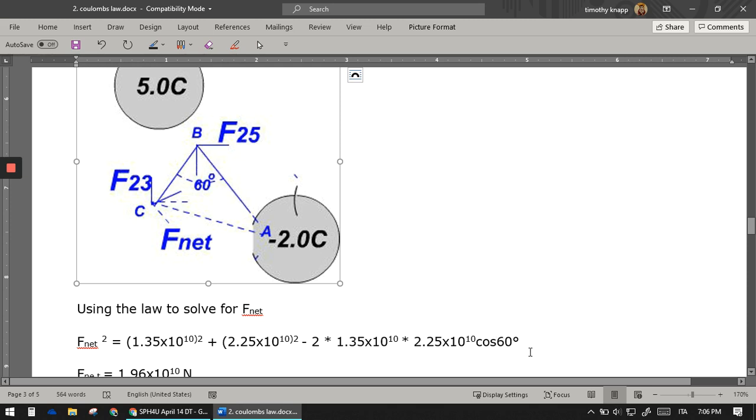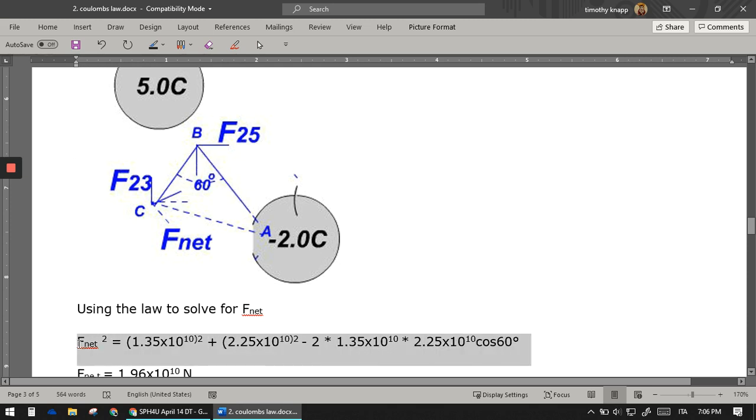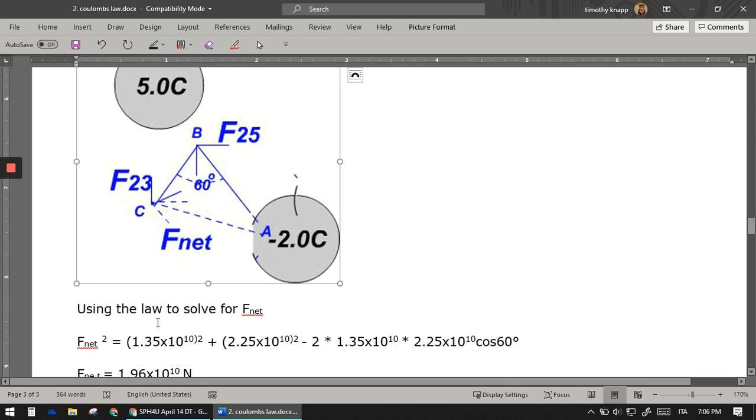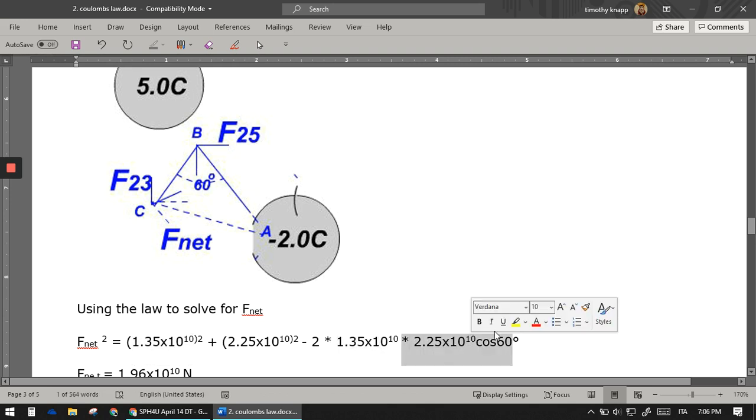That's the law of cosines right here. Notice this is F25, and this is F23, and here's the angle between them, and notice it's squared. So the net force is the square here.